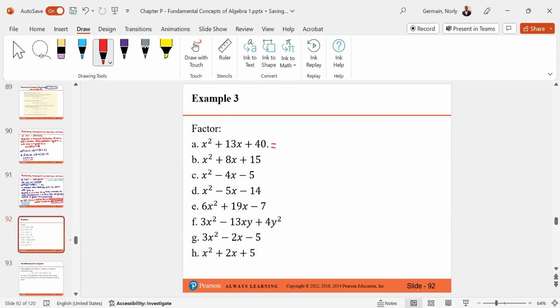The first one: two numbers that when you multiply give you 40, and when you add, give you 13. Let's go. I'm pretty sure you would remember. You know that. Can we do it? That's x plus 4 times x plus 9, because 4 times 9.